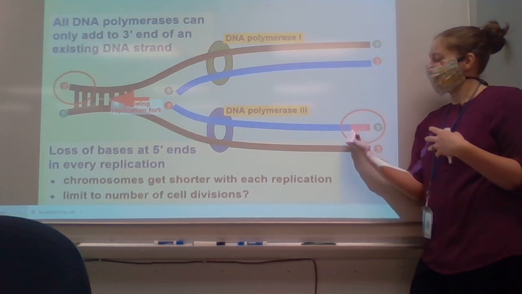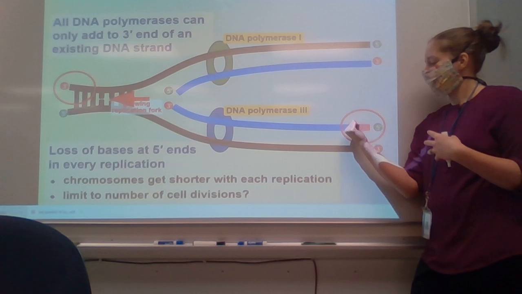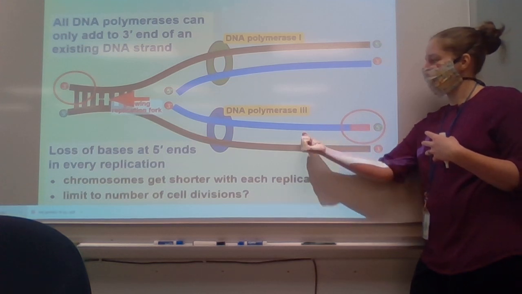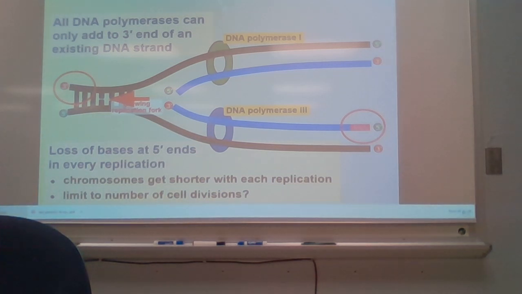The ends of chromosomes are called telomeres. So the telomeres get shorter and shorter every time the DNA replicates. Every time we have to divide and make new cells, the chromosomes are going to get shorter and shorter.